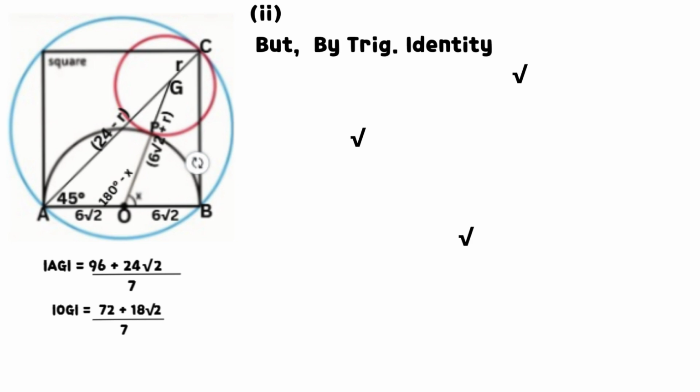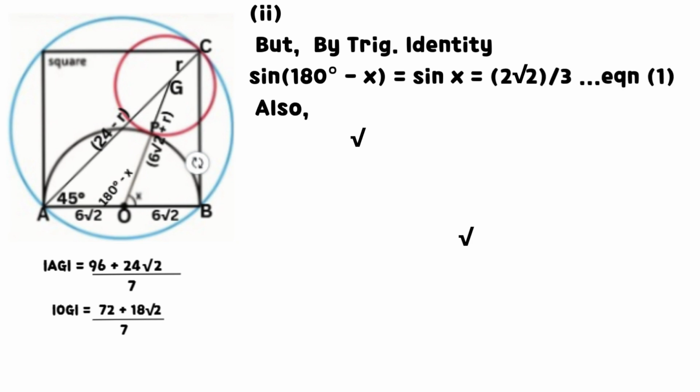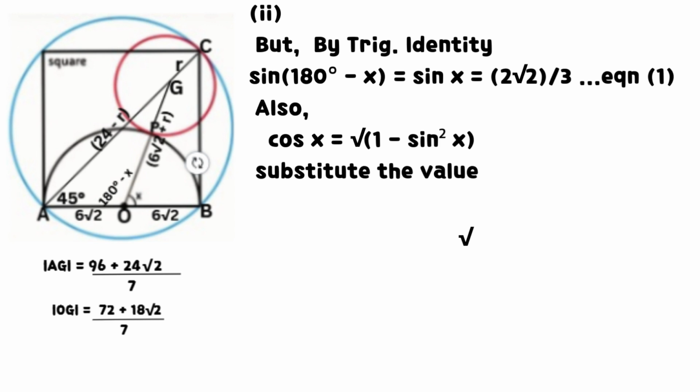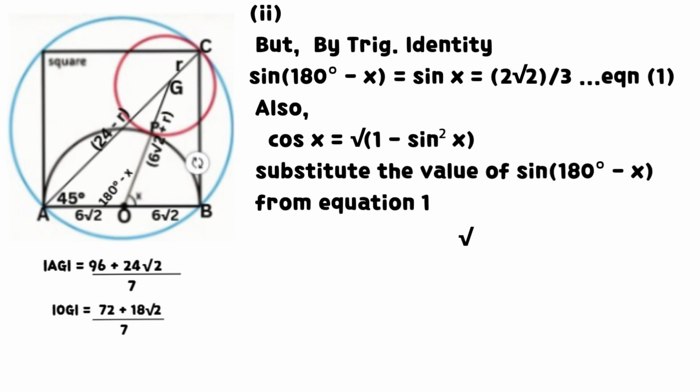By trigonometric identity, sine 180 degrees minus x equals sine x. Substitute the value of sine 180 degrees minus x we obtained. We have that sine x equals 2 times the square root of 2 divided by 3.